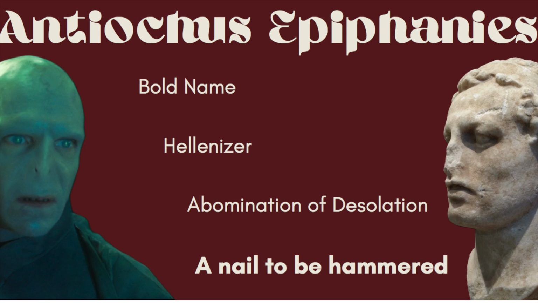And that is the abomination of desolation. That's Daniel chapter 11. We talked about how Alexander the Great was Daniel chapter 8. And so this is prophecy coming to life. This is history happening.